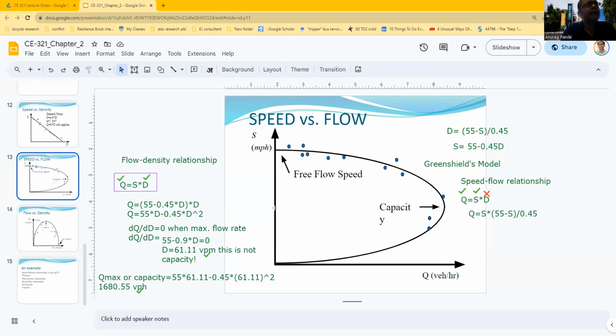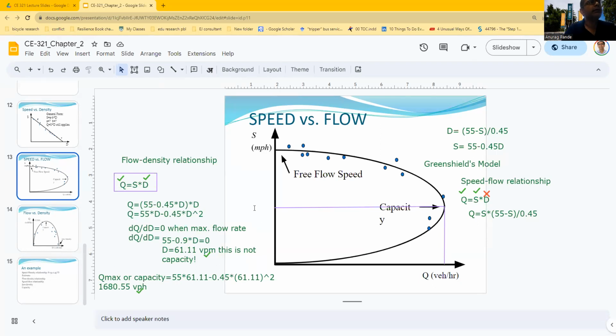If you're trying to find the capacity, it is right here. You can take this relationship, differentiate it with respect to S, dQ over dS, and set that equal to 0. Then you can find the speed corresponding to capacity.